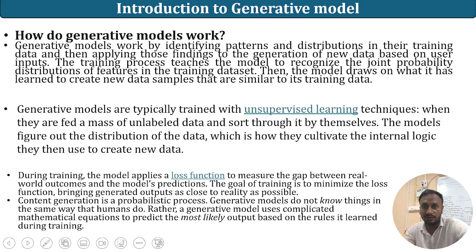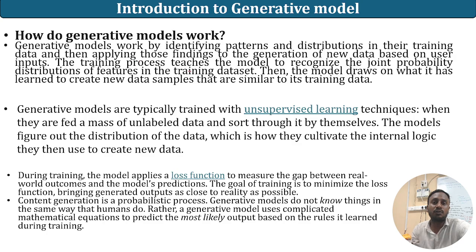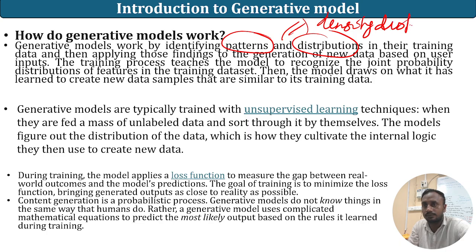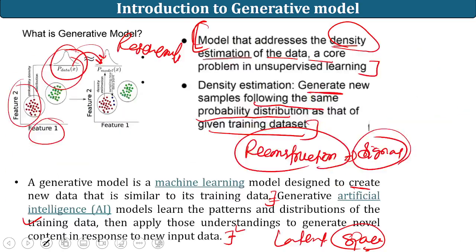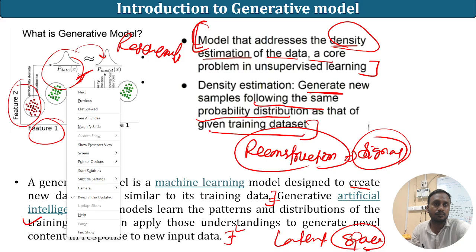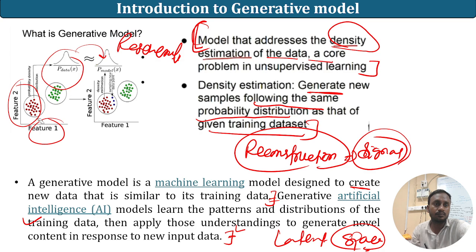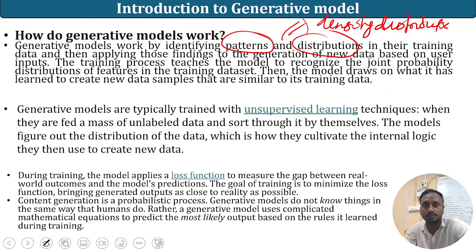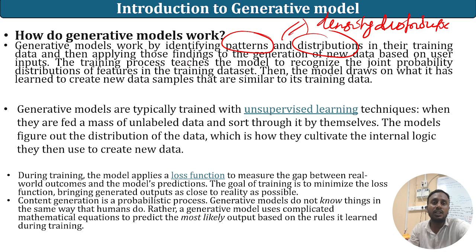So how does it work? A generative model works by identifying the pattern and distribution. The distribution pattern is something like a density distribution. They learn the pattern and distribution from their training, and then apply those findings to the generation of new data based on the user input.